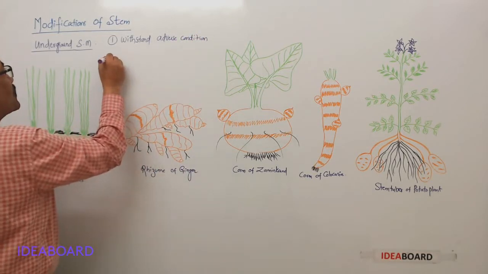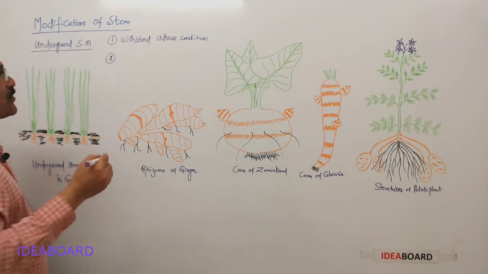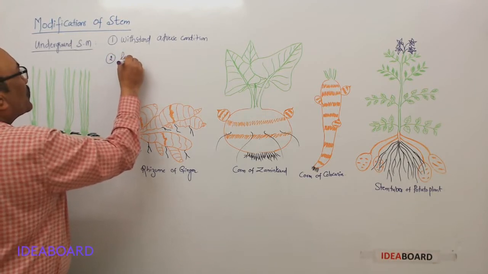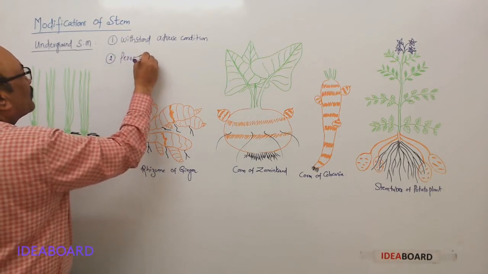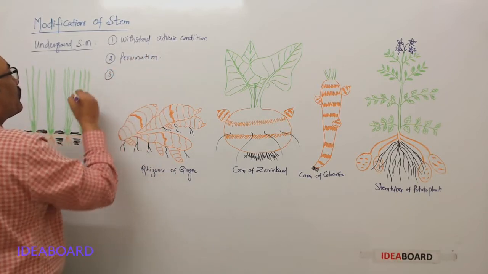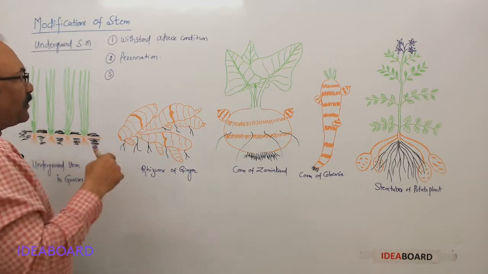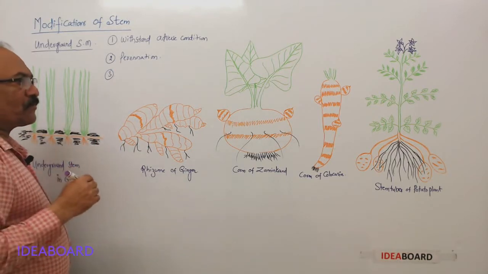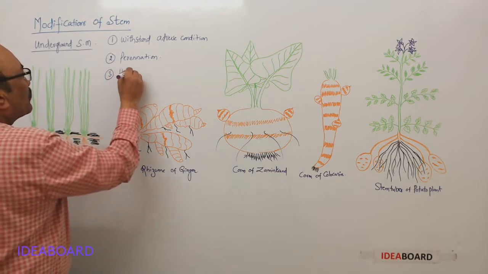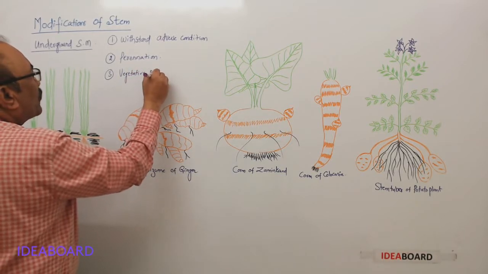And the underground stems help the plants to survive for many years, which is called perennation. The third one, they help in propagation also, that is vegetative propagation.